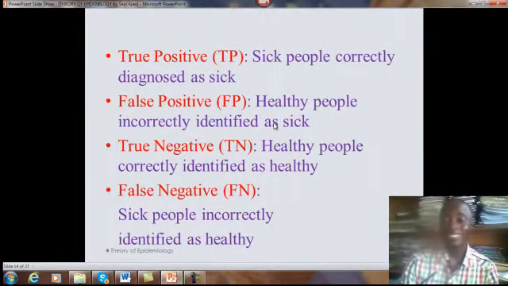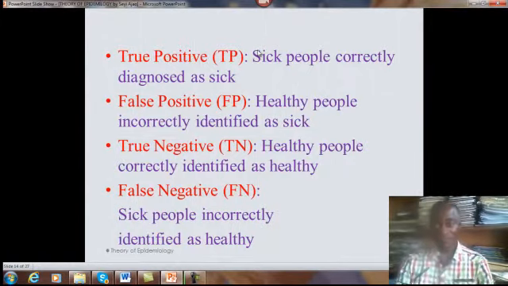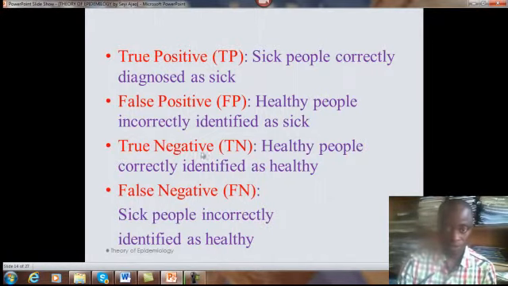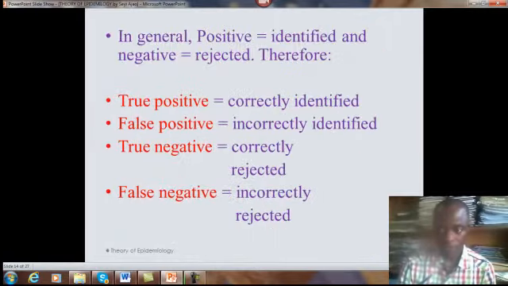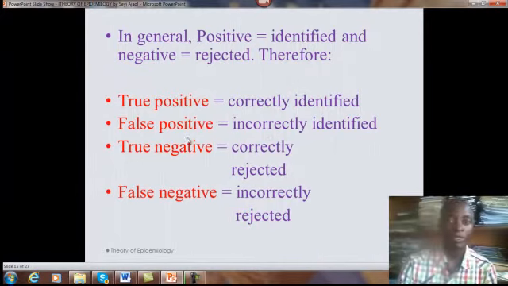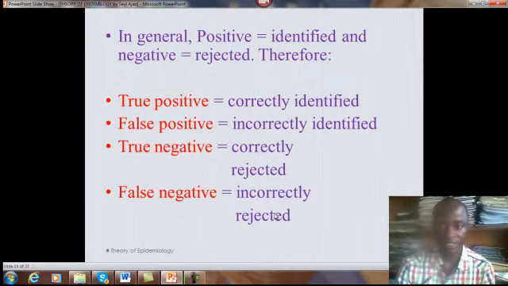Somebody that is elderly but classified or identified as a sick person. That is a false positive. In general, positive is referred to as identified, negative is rejected. So we can use these terms: true positive, correctly identified; false positive, incorrectly identified; true negative, correctly rejected; false negative is incorrectly rejected.